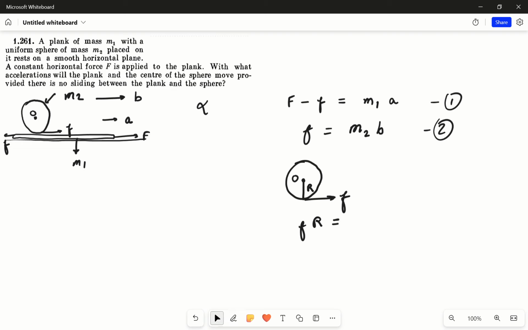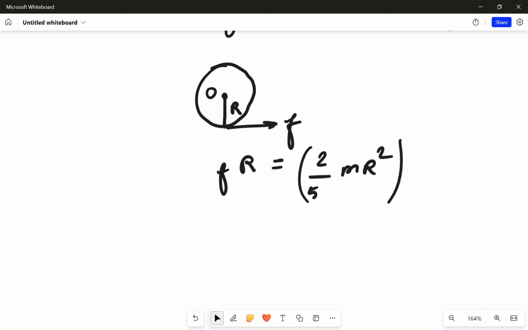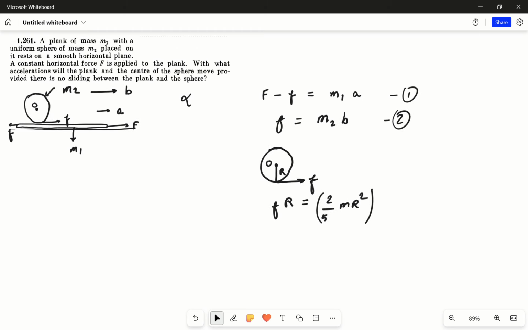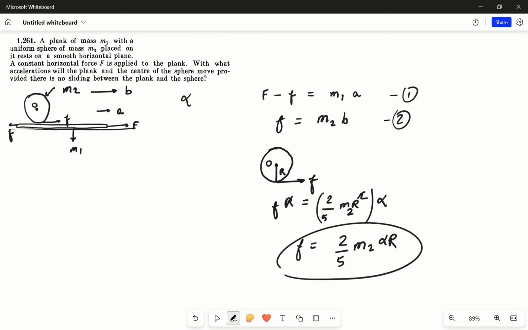So f into r is equal to the moment of inertia of this sphere, that is 2 by 5 m2 r square, as this is a solid sphere, into alpha. So from here I can write f equal to 2 by 5 m2 alpha r. So this is the third equation.